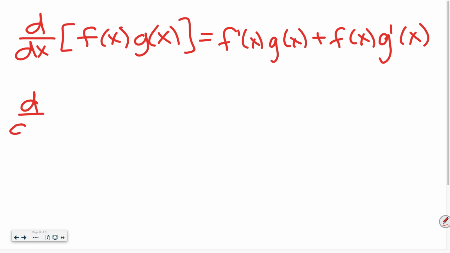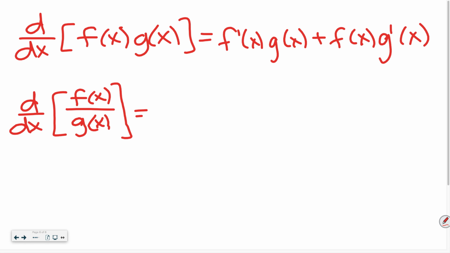What about this? If you have a derivative of a fraction that's not easily rewritable, like when we talked about this one, we rewrote that one fairly easily, not a lot of effort. But f of x divided by g of x, if it's not a nice one to rewrite, how would we take its derivative?